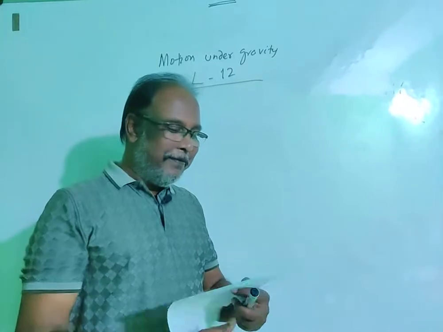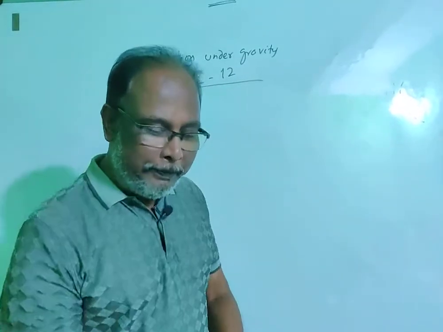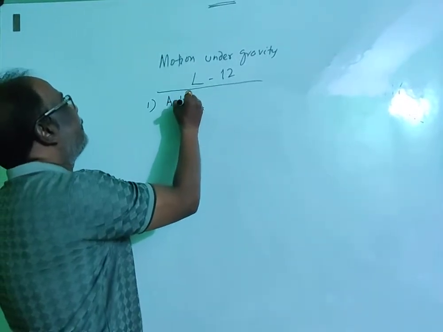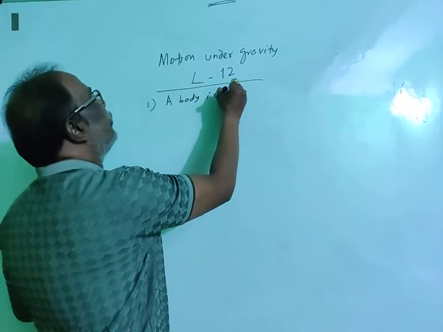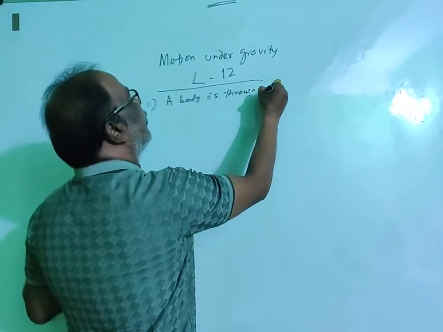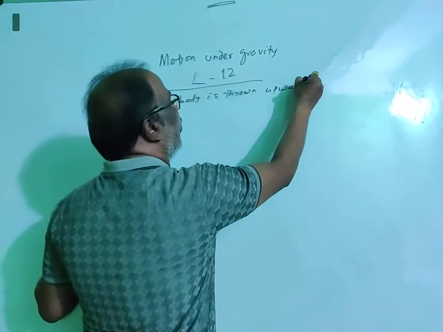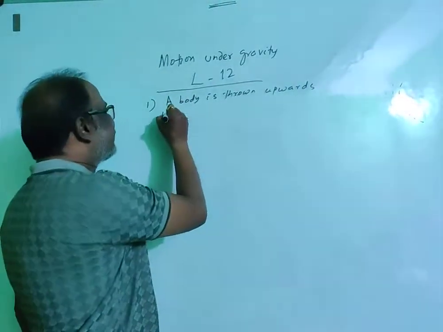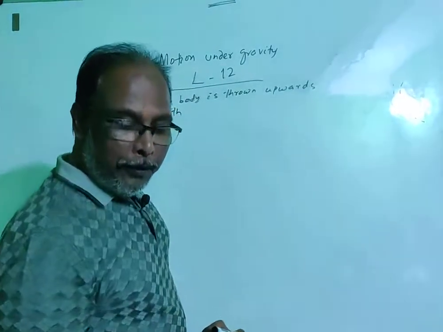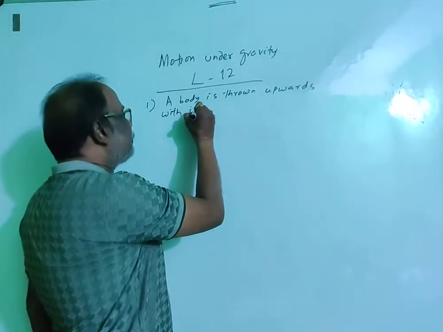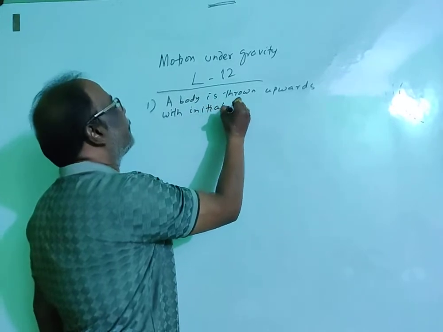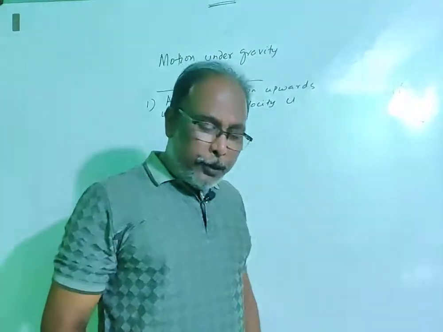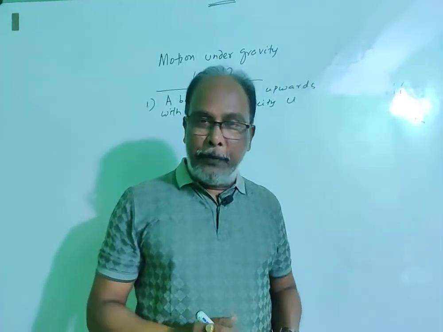The first question I am writing on the board. Question number 1. A body is thrown upwards with initial velocity u.